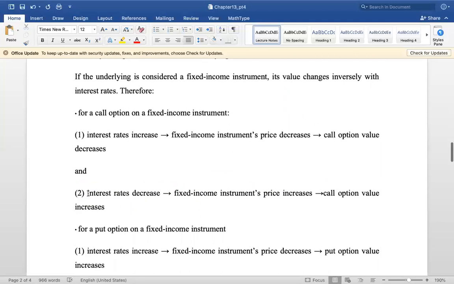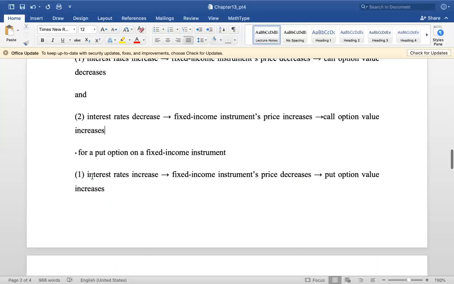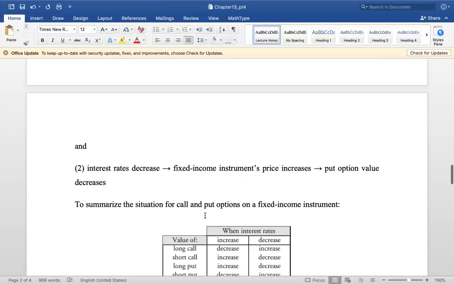If interest rate decreases, the fixed income instrument's value increases, and call option value increases. For a put option, if interest rate increases, the fixed income instrument price decreases, and put option value increases. If interest rate decreases, the fixed income instrument price increases, and put option value decreases.